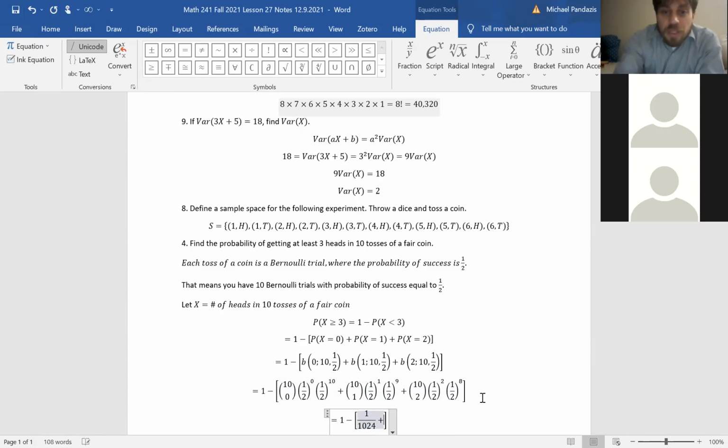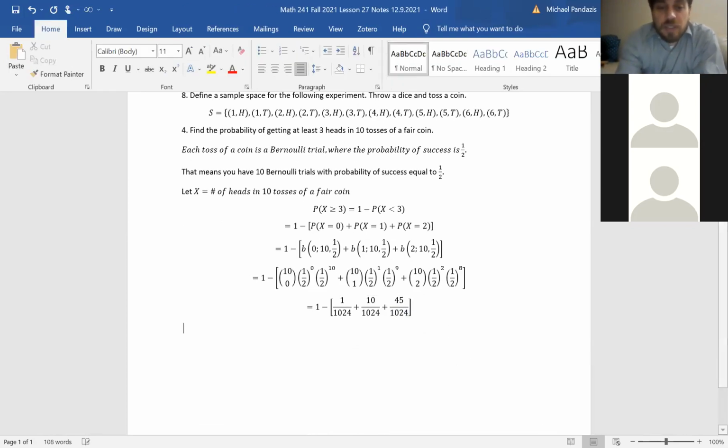So that's that one, plus the denominator is going to be 1024 again, but now we have 10 in the numerator. And then the last one is going to be 1024 in the denominator. In the numerator, we have 10 choose 2, which is 10 times 9 over 2 times 1. So that's 45. So you have 45 in the numerator there. Okay, so 5 times 9, 45. So that's the value of 10 choose 2.